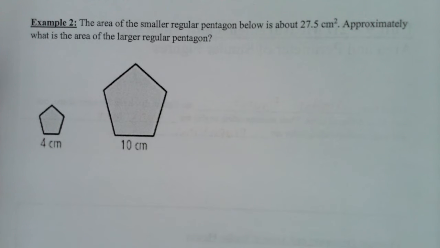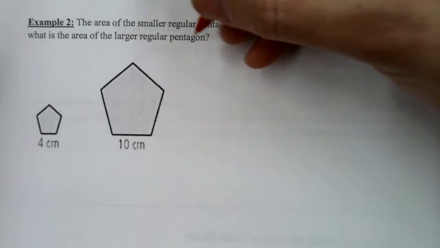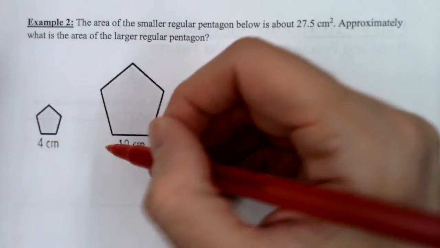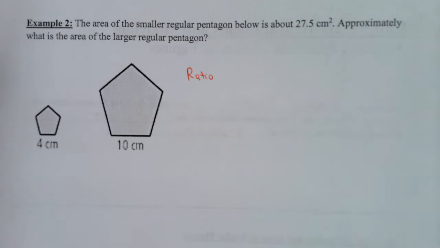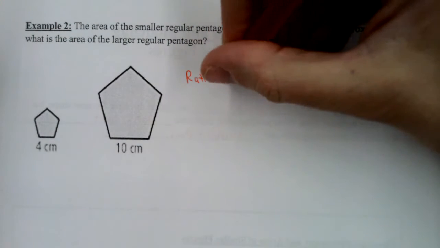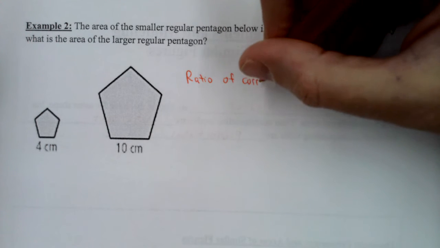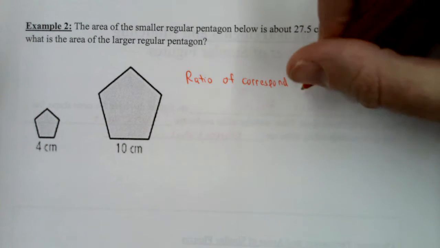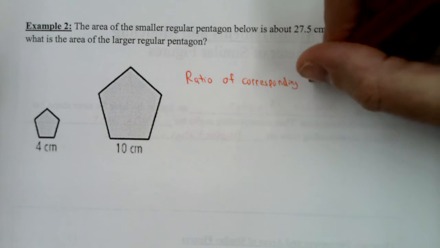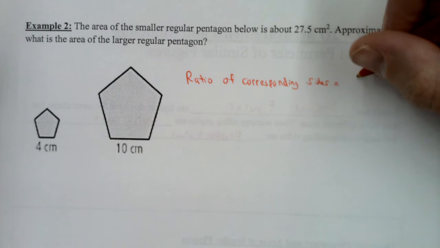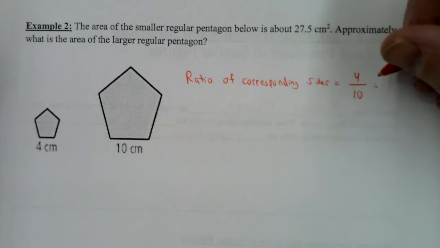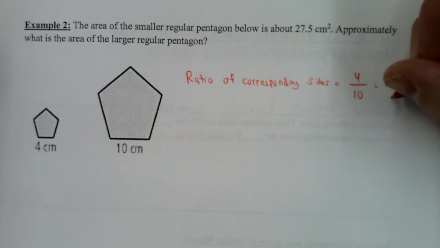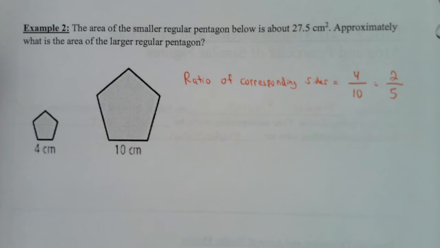The ratio of the corresponding sides equals 4 over 10, which you're going to simplify to make it easier to 2 over 5. That's the ratio of the corresponding sides.